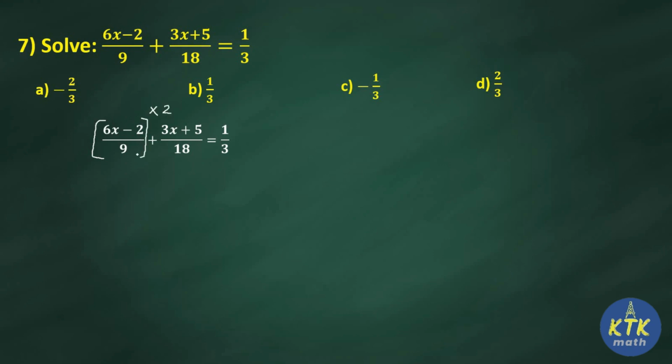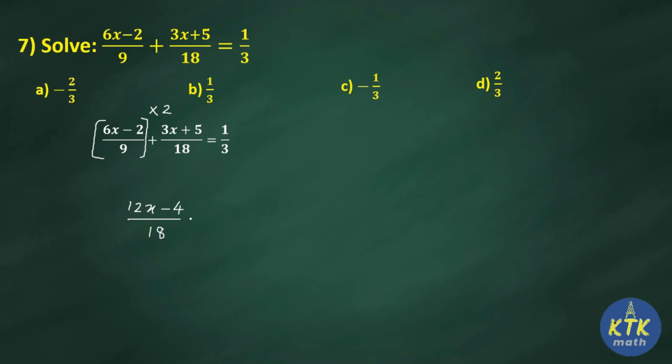See what will happen. 6x into 2 is 12x. Minus 2 into 2 is minus 4, by 9 into 2 is 18. Make sure that you are multiplying both numerator and denominator by 2. You can ask me why I am multiplying by 2. I will tell you now.